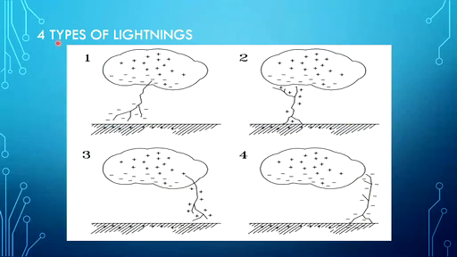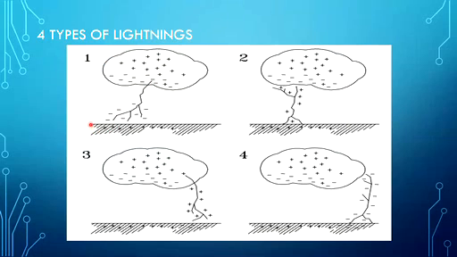Now, there are 4 types of lightnings. As we talked before, lightning is the discharge between the charges of the cloud, between the charges of the ground, and in some cases, a space within the cloud. As we saw before, we're going to have our negative charges on the bottom side of the cloud, and most of our positive charges are going to be on the top side.